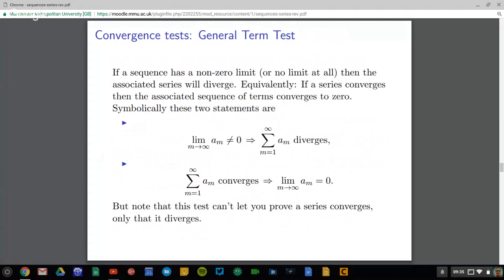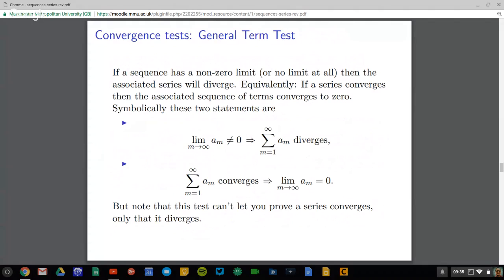Now, it's important to recognize that the implication goes in a certain direction. If the series is convergent, we know the terms converge to zero. The implication does not go in the opposite direction. Just because you know the series terms converge to zero, that does not tell you that the series converges.